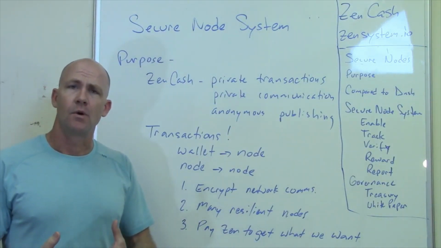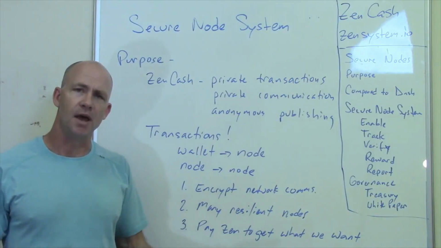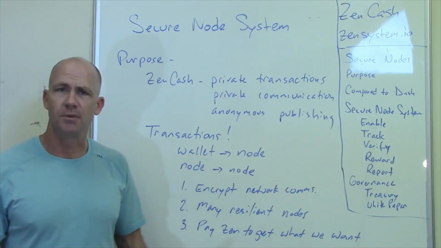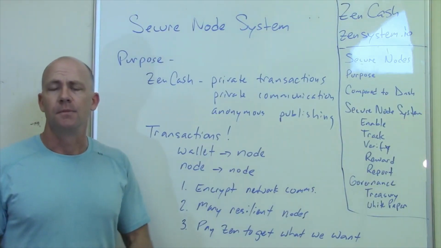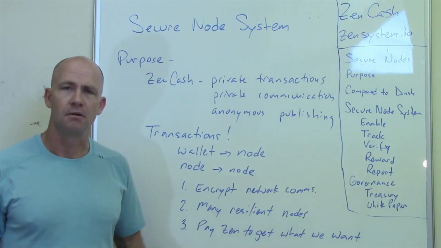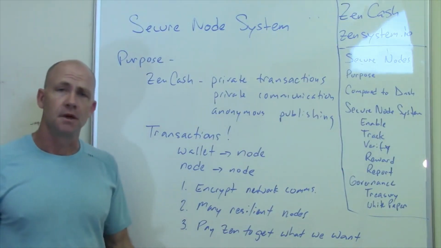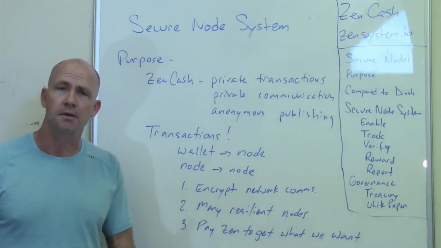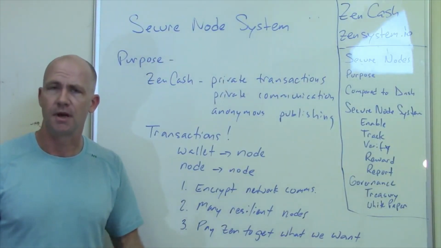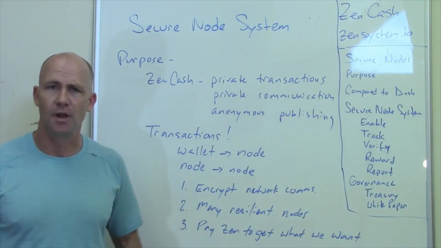Now, how are we going to make sure that these things stay private? Well, there's a few different ways that we can do that. And so it goes back to how ZenCash and how blockchain cryptocurrencies work. And it's done with transactions, and the transactions start out at a wallet. Right now, the wallets are running on a desktop, but we'll also have mobile wallets and other types of wallets in the future.